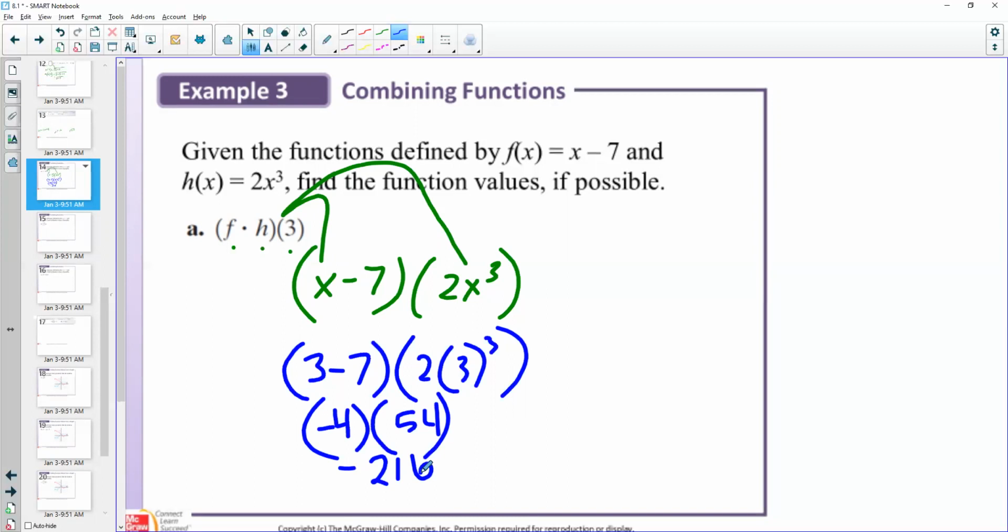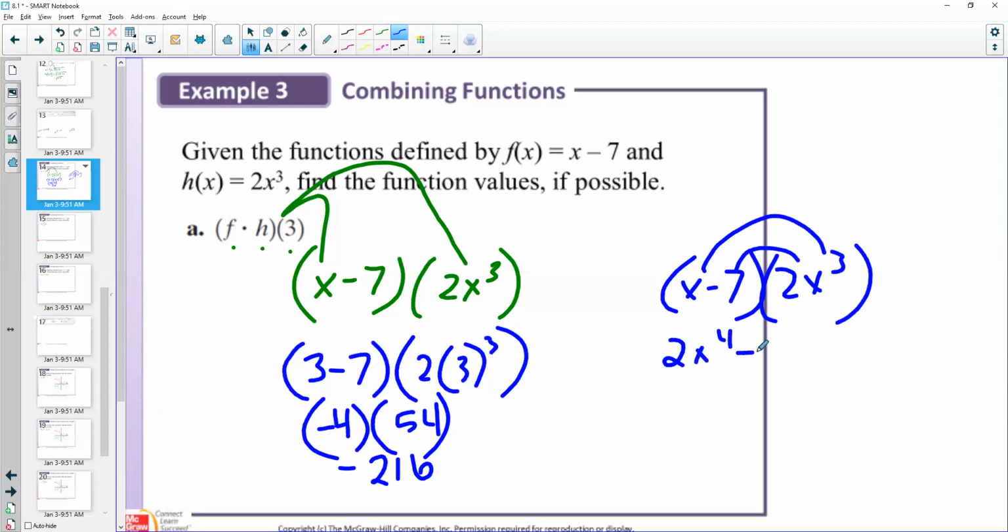What matters here when we're combining functions and finding the values is that I could have done this the other way. I could have done x minus 7 times 2x cubed, distributed this, and I'm going to get 2x to the 4th minus 14x cubed.